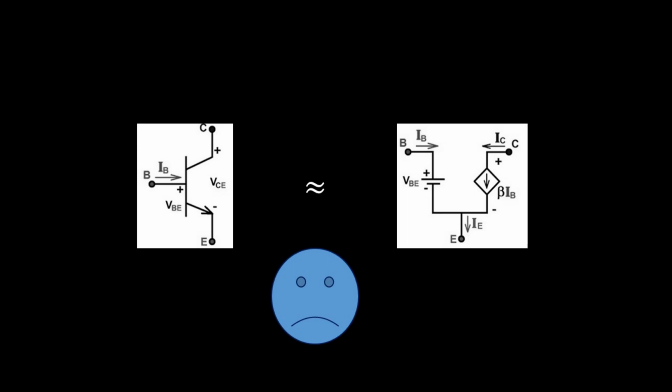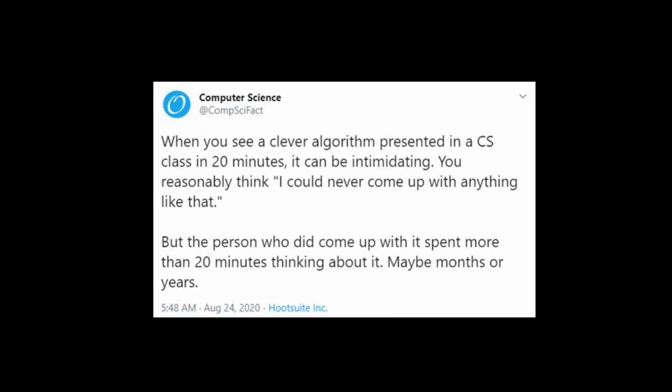Throughout an engineering bachelor's, there are many approximations, algorithms, or techniques that might seem arbitrary for a student. However, the fact is that most of them make perfect sense once you understand the motivation that led to them. And as John Cook wrote some days ago on Twitter, when you see a clever algorithm presented in a computer science class in 20 minutes, it can be intimidating.